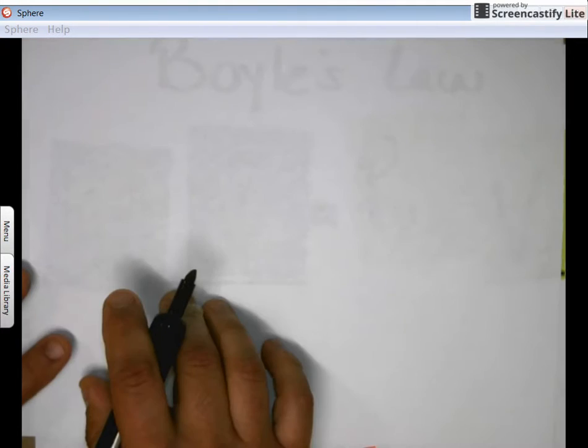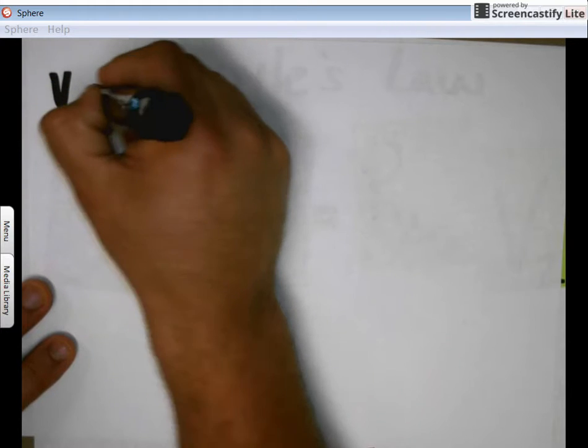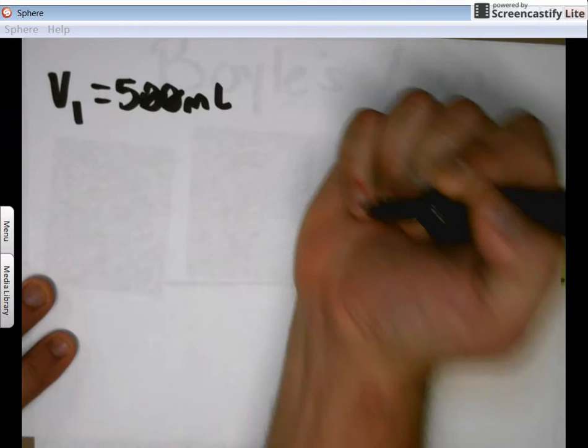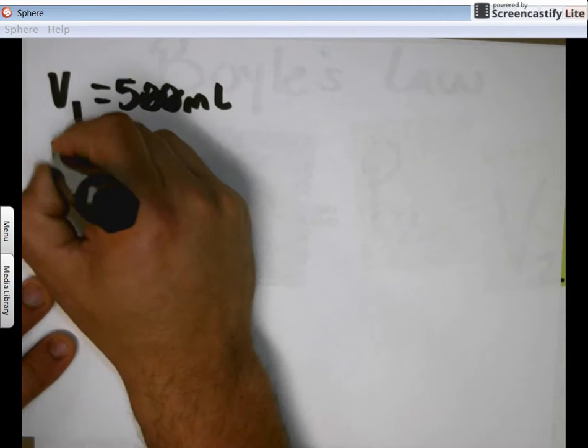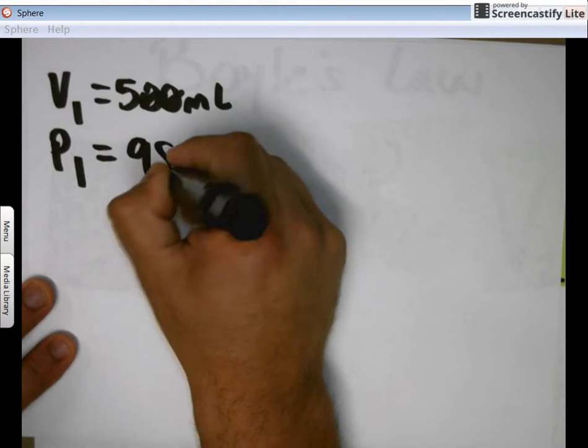So first thing you're going to write down everything that the problem gives you. It gives you a volume, which is the first volume, V1, which is 500 milliliters. Right? So you're going to write that down. And then it gives you a pressure, which is 98 kilopascals.